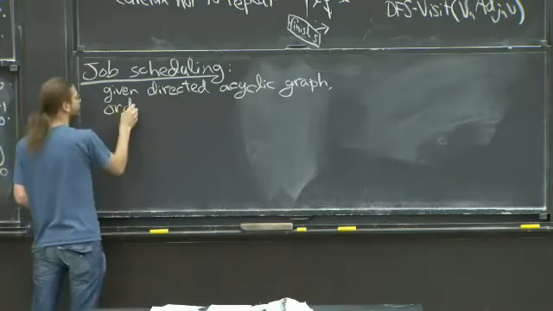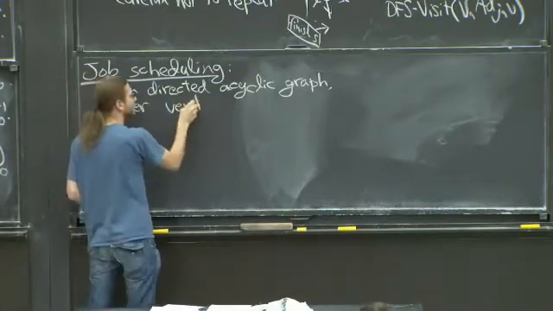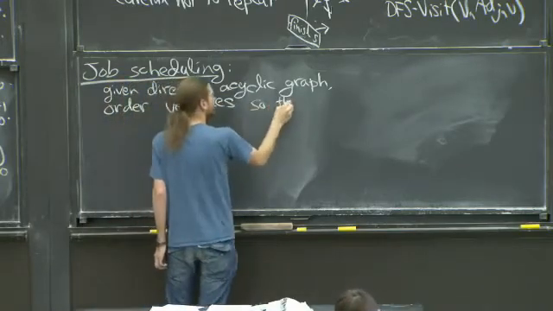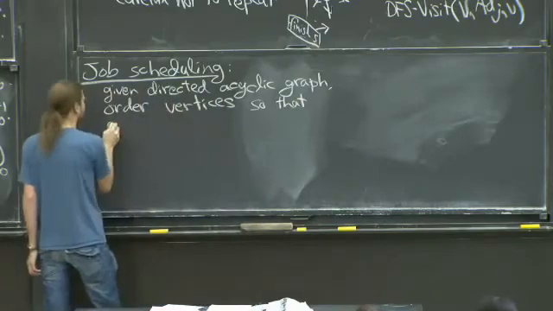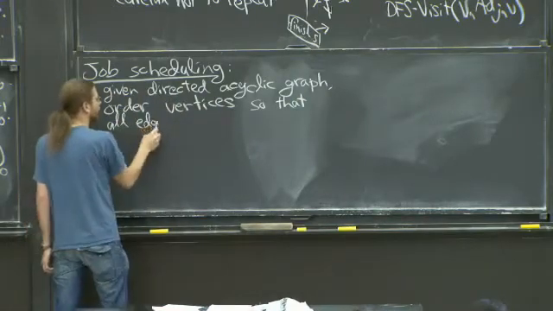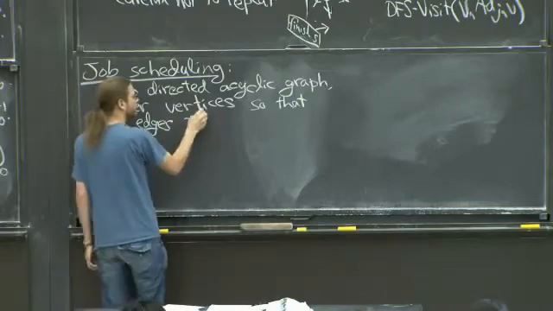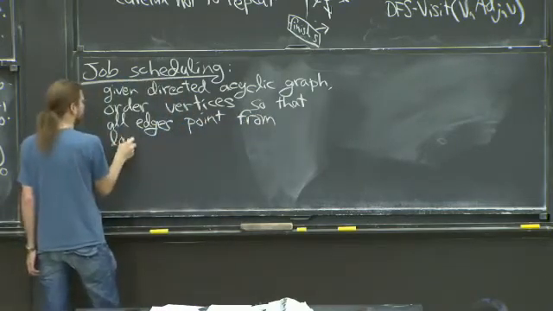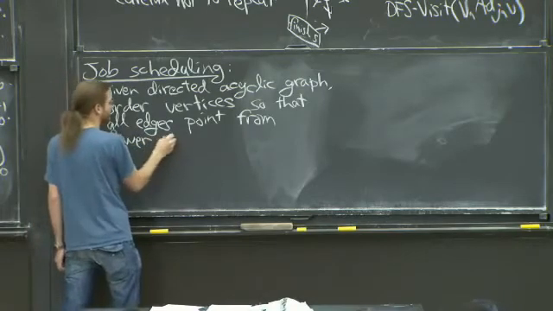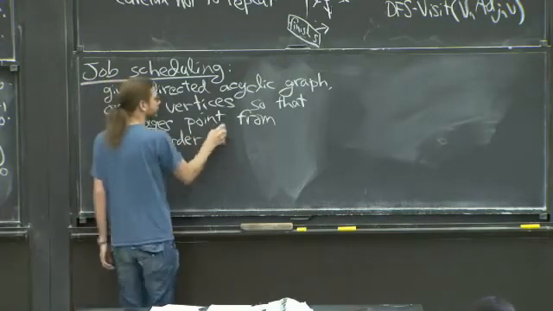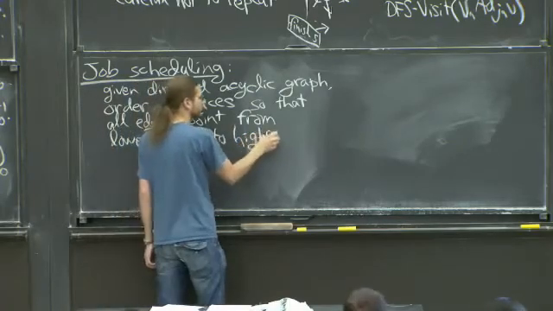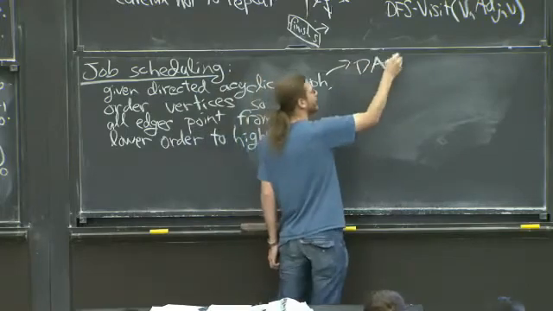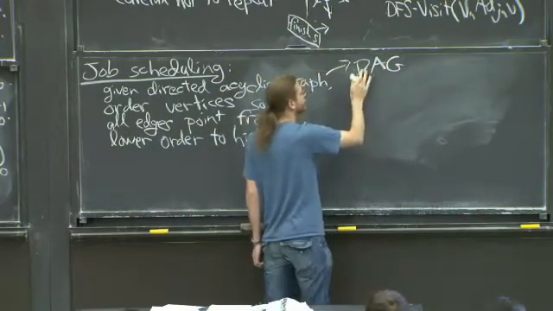I want to order the vertices so that all edges point from lower order to higher order. Okay, directed acyclic graph is called a DAG. Should know that from 042.